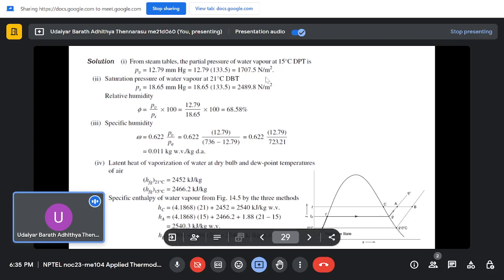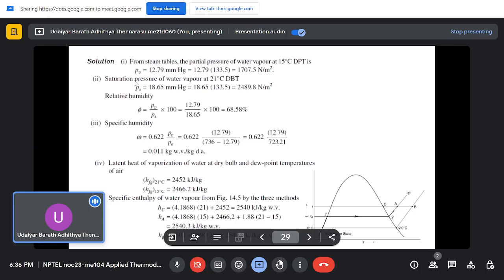In this case, the dew point temperature is 15 degrees Celsius. At that temperature, the corresponding vapor pressure is 12.79 mm of Hg, or 1707.5 Newton per meter square. So we have found the partial pressure of water vapor, and it remains the same. So the partial pressure of water vapor is 1707.5 Newton per meter square.